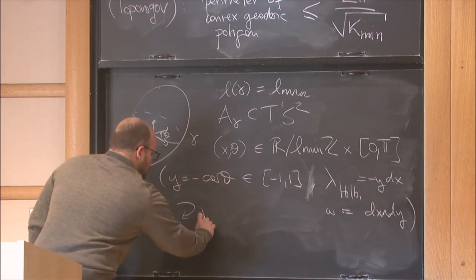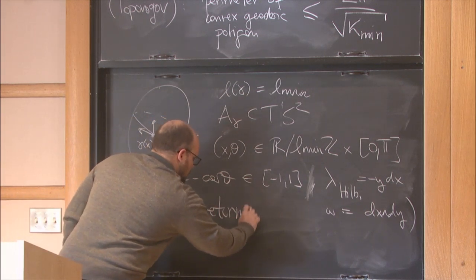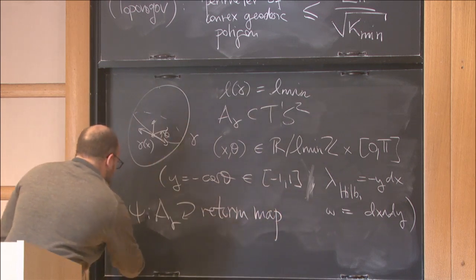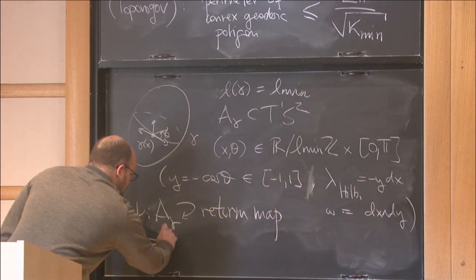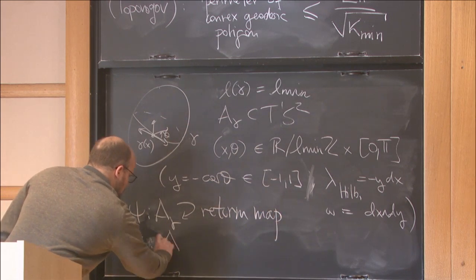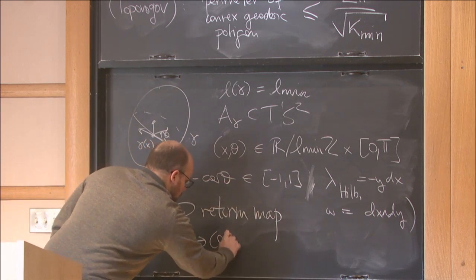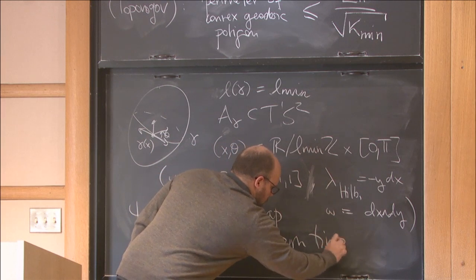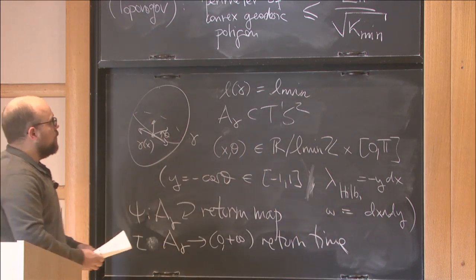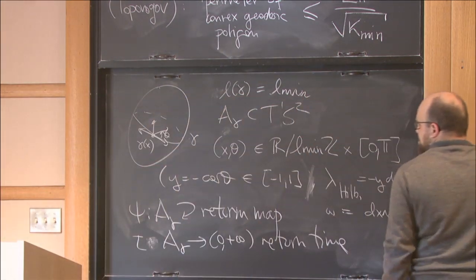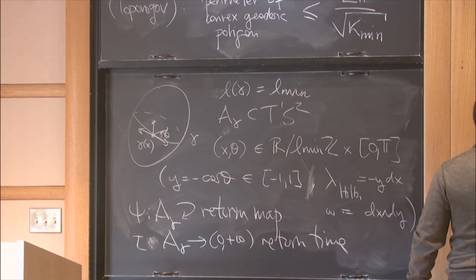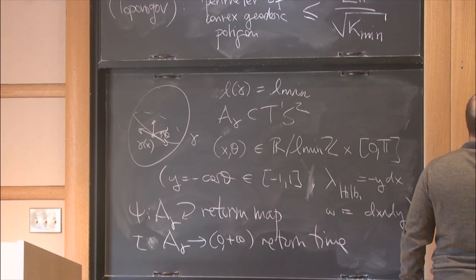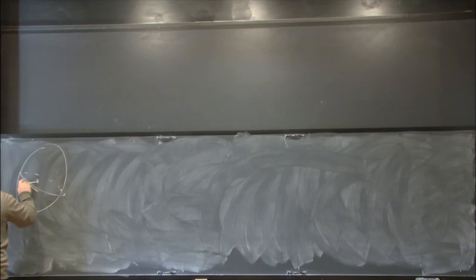Okay. Right, so I'm going to denote by psi the return map, and by tau the return time. So the picture is: you start with a vector, let's say here, and then you shoot the geodesic.